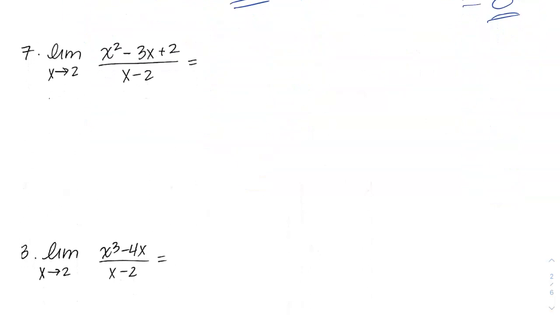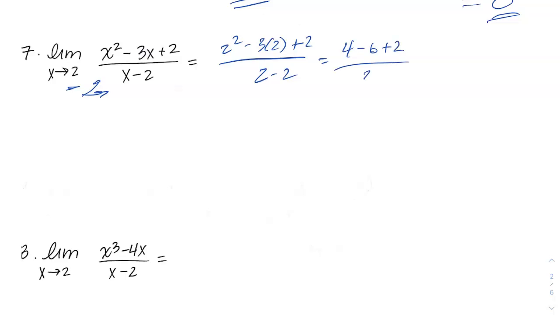Next one. Try subbing it in. So I get 2 squared minus 3 times 2 plus 2 over 2 minus 2. So I get 4 minus 6 plus 2 over 0. So I do get 0 over 0 in that case.